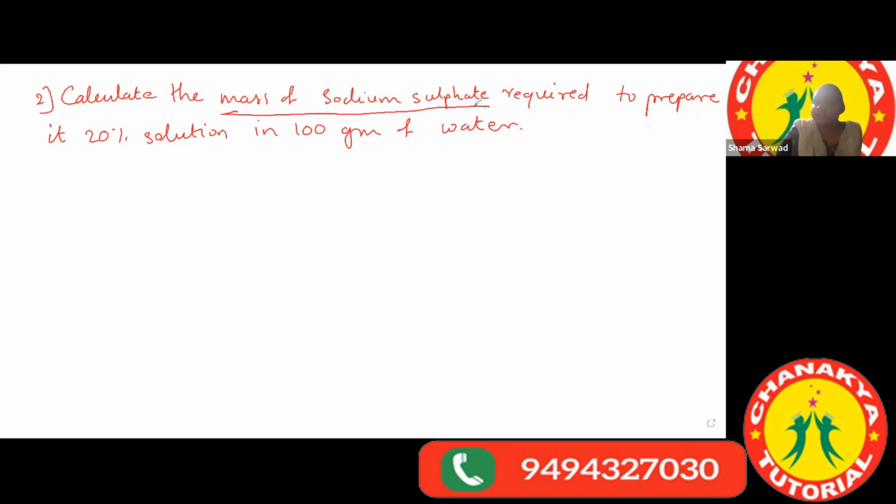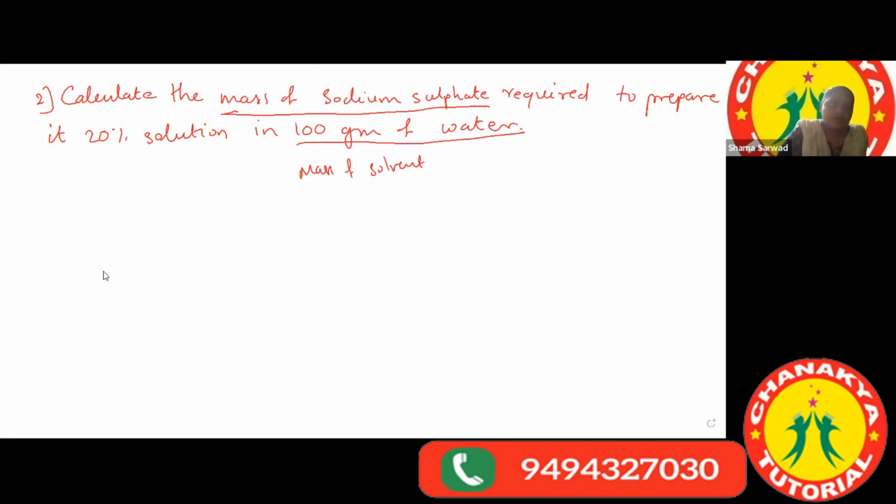Sodium sulfate is your solute. Because the solution is made up into 100 gram of water, so 100 gram of water becomes your mass of solvent, correct? This would be mass of solvent, and this would be mass of solute, which you need to calculate.